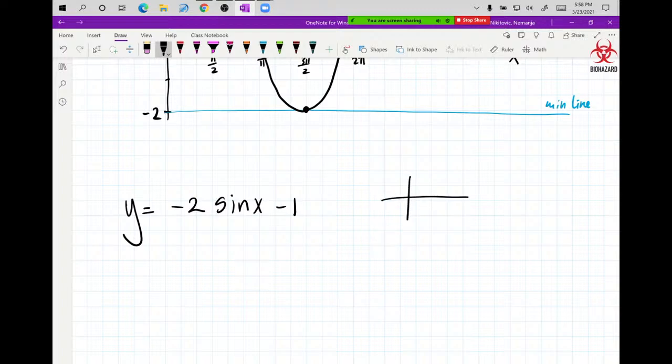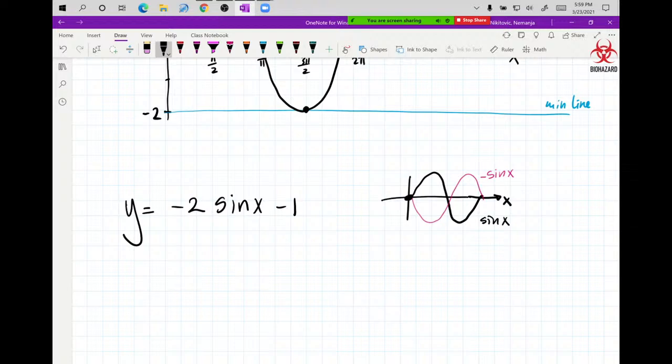Again, what do we know? Sine starts at the origin, goes up, goes down, ends up back on the x-axis. So that's what the sine does. Now, what is the negative sign going to do? Well, it's just going to flip it upside down, right? So this guy, like that, is going to be negative sine x, and the black one is sine x.